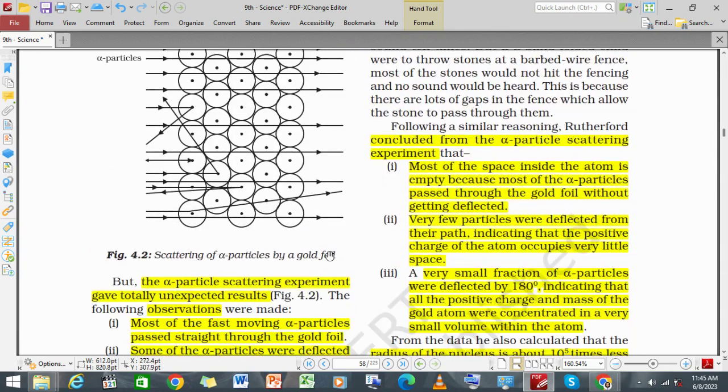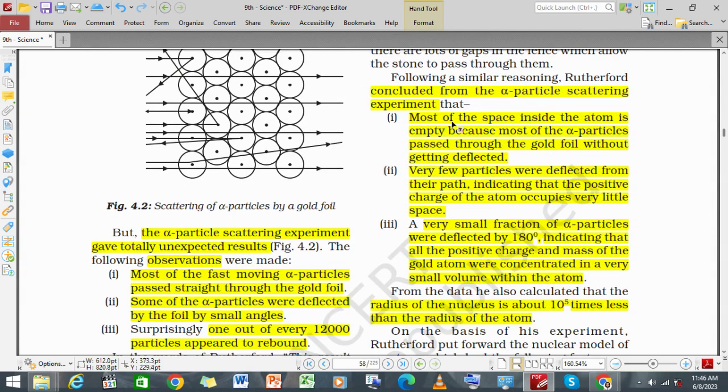Now, after similar reasoning, Rutherford concluded from the alpha particle scattering experiment that most of the space inside the atom is completely empty, because most of the alpha particles pass through the gold foil without getting deflected.